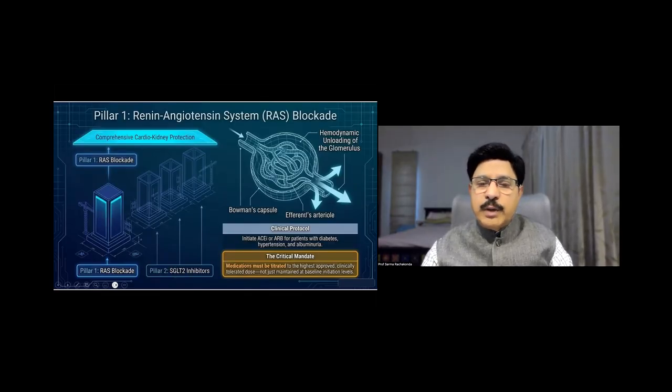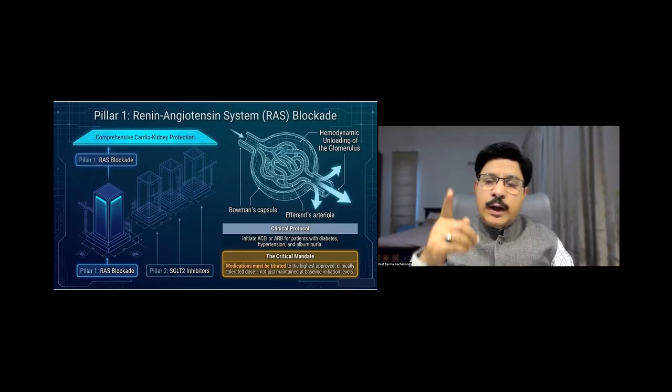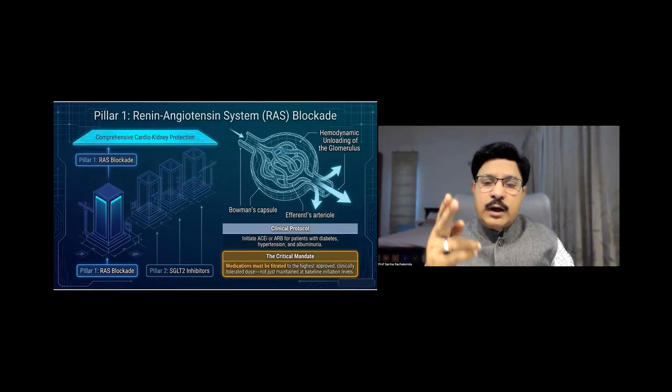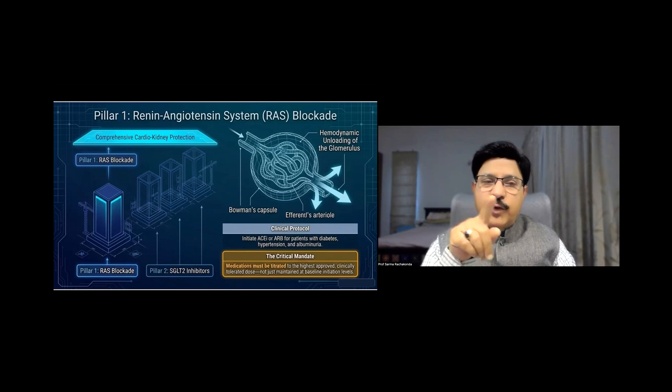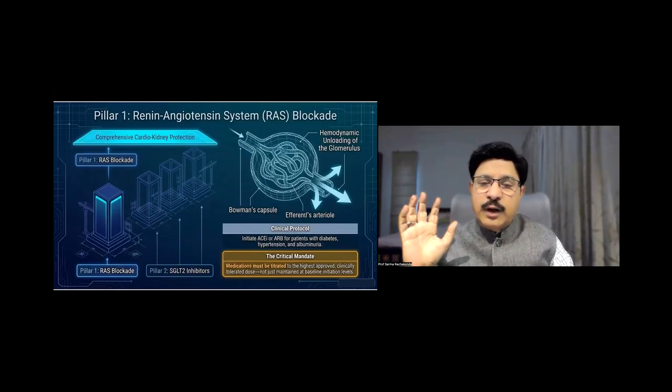What is the clinical mandate? Medications must be titrated to the highest approved and clinically tolerated dose. This nobody does. You prescribe Ramipril, 2.5 milligrams. What does it do? You have to give the maximally tolerated, highest approved dose.